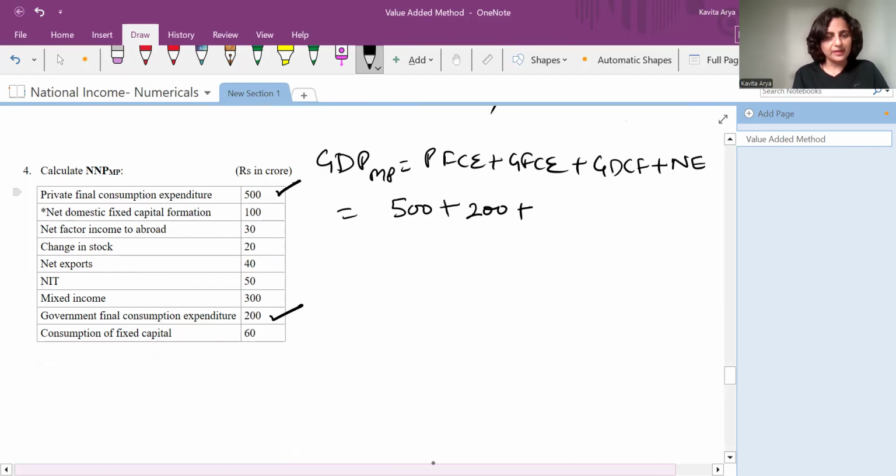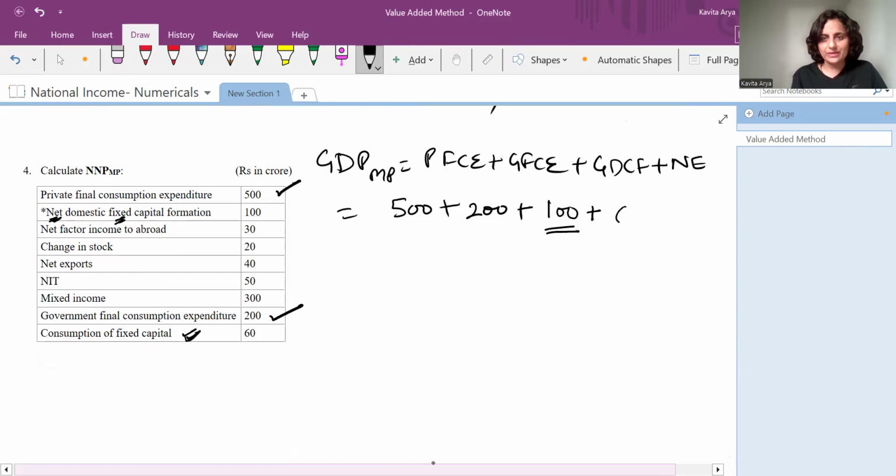Gross domestic capital formation. Now see, again, we did one more question previously of this nature, that there are two deviations. One, it is net, and the other, it is fixed. So there are two corrections to be made in this figure of 100, right? Because it is net, we would add depreciation, and depreciation is given with the new name again, consumption of fixed capital here.